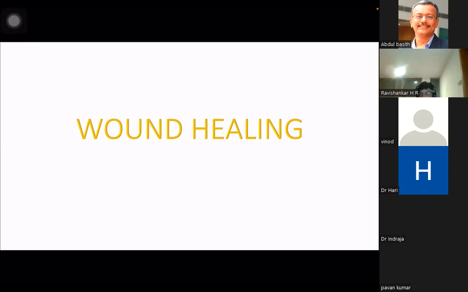No, actually, they don't require activation. That's why it is called natural killer. And one more role? In tumors. Yes, the role of NK cells in tumors. It helps in controlling the tumor activity.